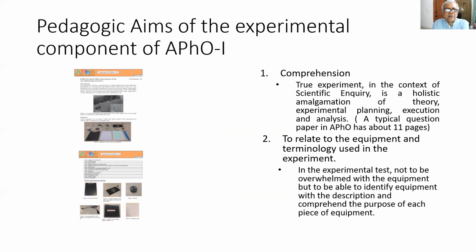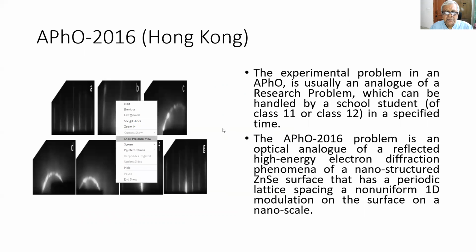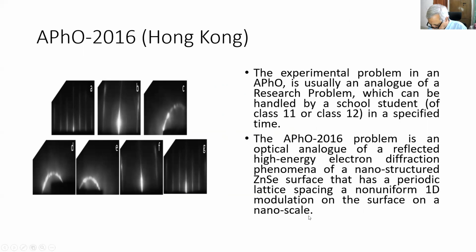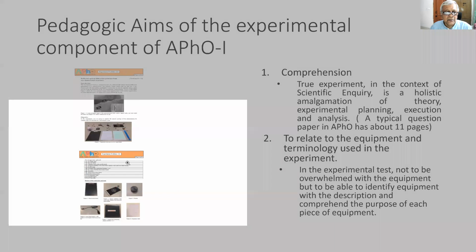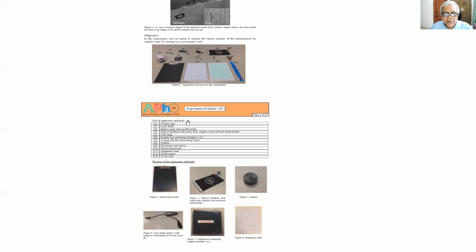Another aim of any experimental component is to relate the equipment and terminology used in the experiment. We can see here again that this part of the question paper tells you exactly what equipment has been supplied, and a photograph of each of these components.